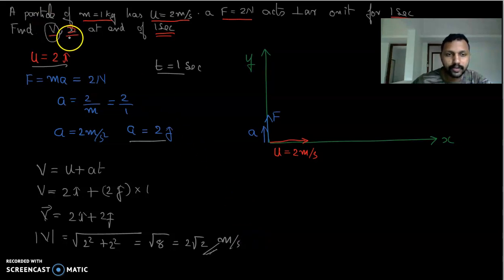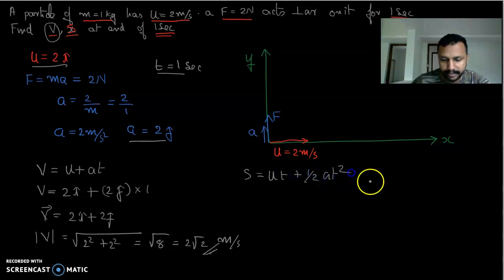And in order to find out the displacement, we can use the equation S is equal to ut plus half at square. Let me substitute the values. S is equal to u. What's u? u is 2 i cap into t is 1, plus half.